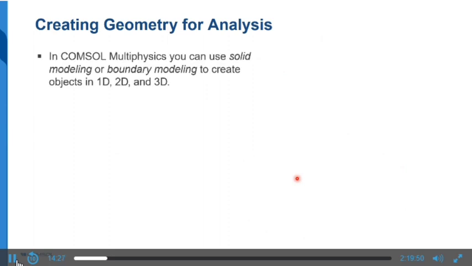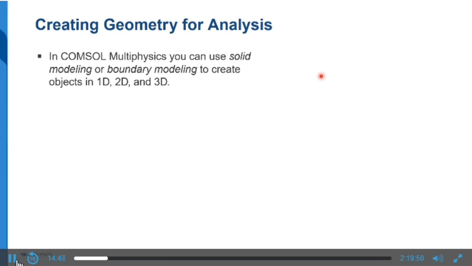Moving forward, let's look into how you can create geometry for analysis. In COMSOL Multiphysics, you can use solid modeling or boundary modeling to create 1D, 2D or 3D objects.